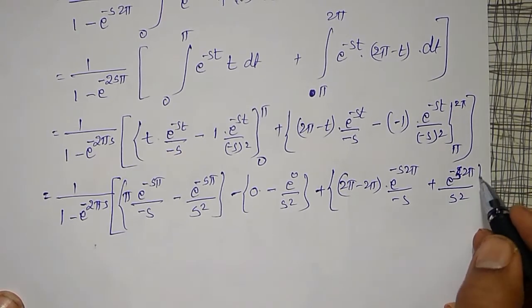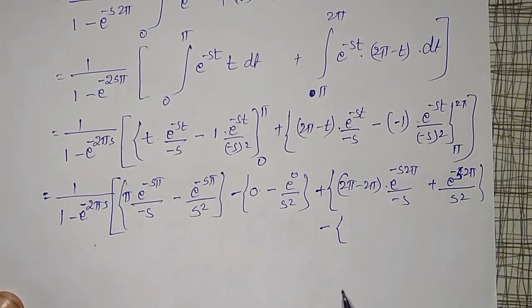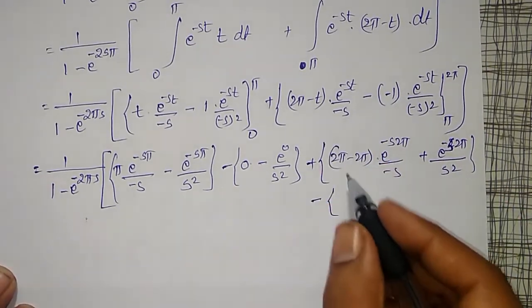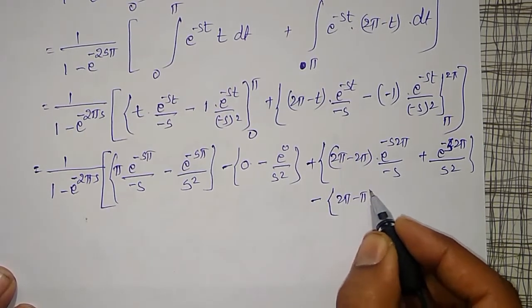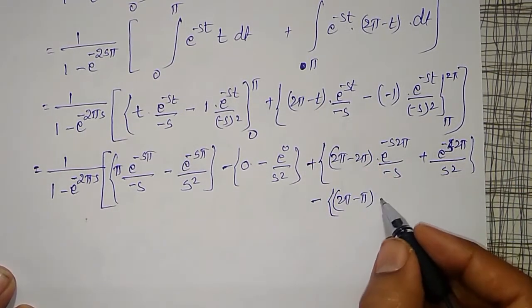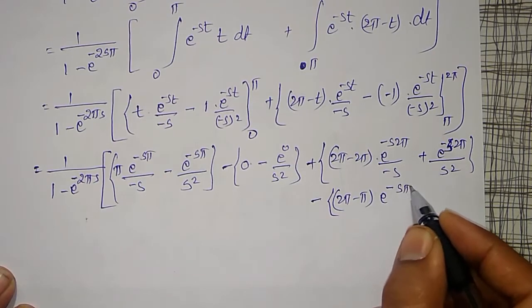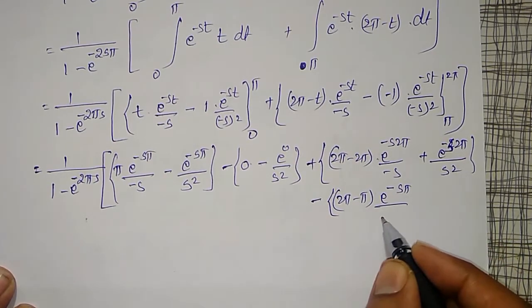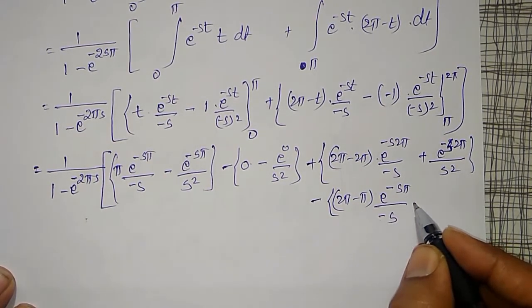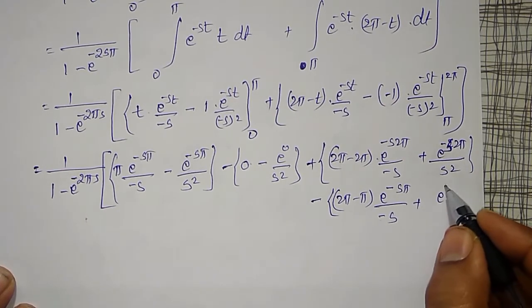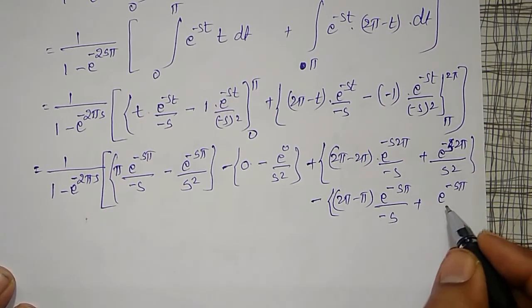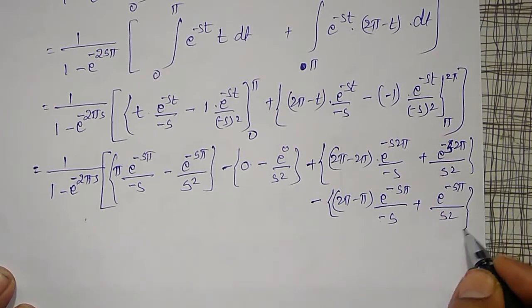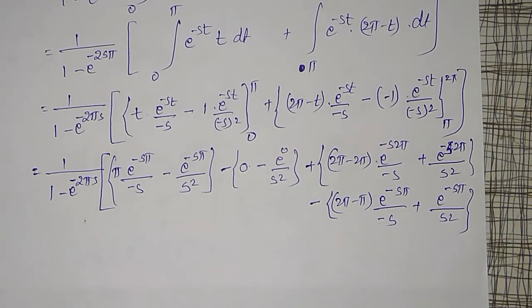This is upper limit, minus lower limit t equal to pi, that is 2 pi minus pi because the t is replaced by pi, e to the power minus s pi divided by minus s, and minus of minus plus e to the power minus s pi divided by s square. All these terms I have to simplify.